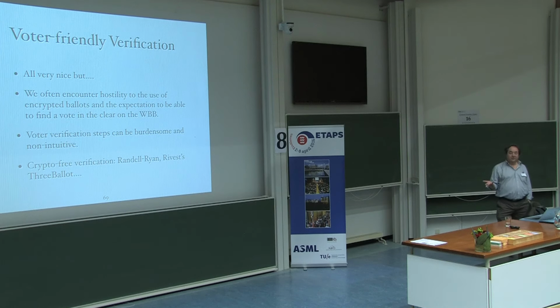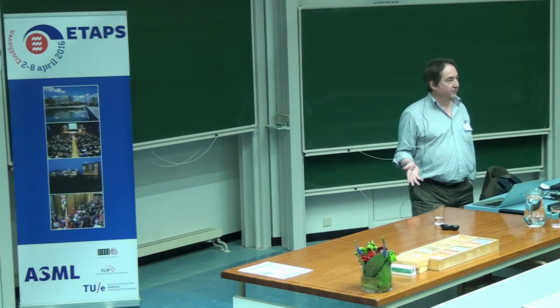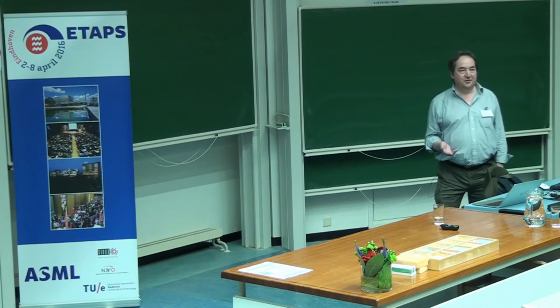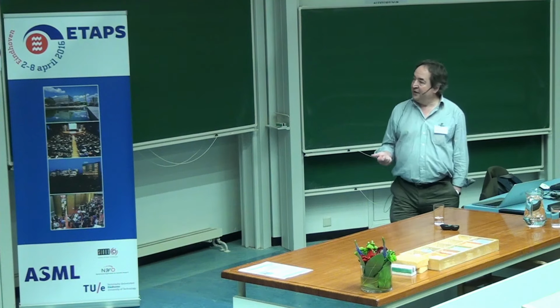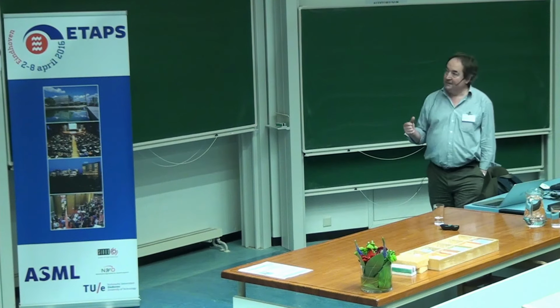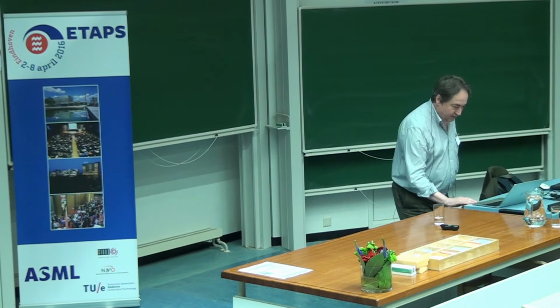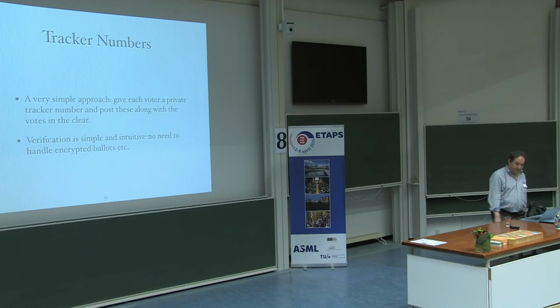But of course, this process of having to handle an encrypted receipt and check it on the web bulletin board, and believe that the audits you do will guarantee that your vote is correctly encrypted, is all a strain for voters, both in terms of usability and credibility. So it'd be nice if we could come up with some simpler way of achieving the same sort of goals. This is what Selene tries to do, and I called it that as a homage to Helios, if you like.